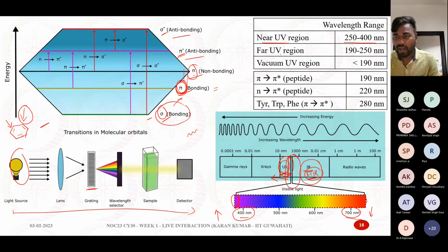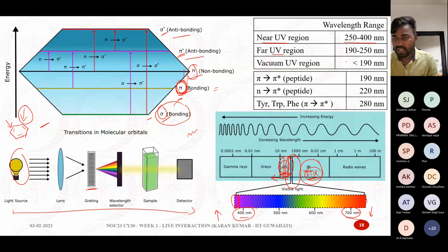Okay. Now the far UV region is from 190 nanometer to 250 nanometer. And the vacuum UV region is lesser than 190 nanometer. Once you cross the 190 nanometer, that is called the vacuum UV region.